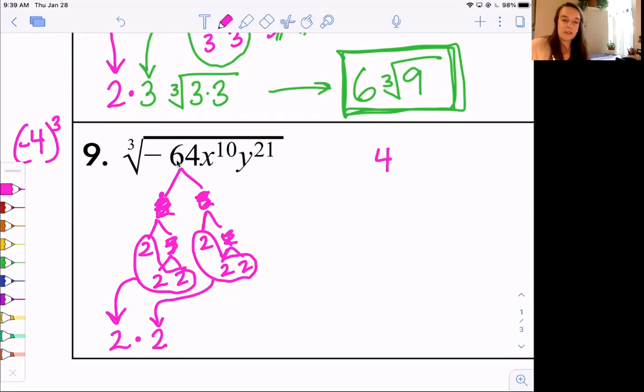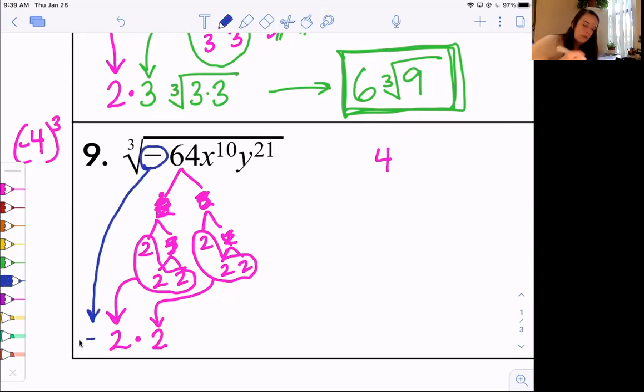That's your outside. You know that you have nothing left over. The negative is going to come down here as well, because when we have a cube root, an odd index, like 3 or 5 or 7, the negative is able to be removed, because a negative times a negative times a negative is going to be a negative. Kind of funky. So this would be negative 4 on the outside.